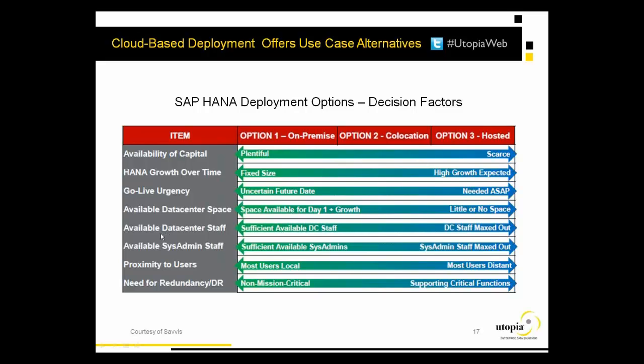So if you don't have your data center staff, if it's maxed out, or your systems administrative staff is maxed out, or, again with that wholesale IT supplier, they had users that were very distant from that sales reporting mart that was slowing down their query functions.